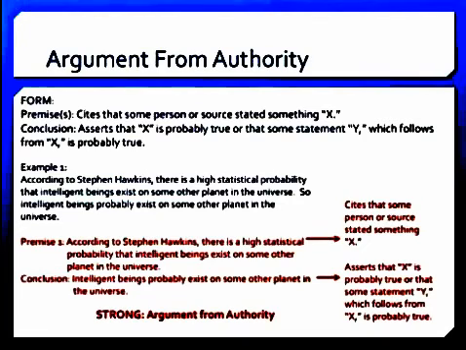Now, some of you might disagree with the strength of this argument. You might say that, well, although there is some reason to think that what Stephen Hawking said is true, it's not strong, it's more so moderate. And this is actually a fine conclusion for you to draw, because for inductive arguments, it's actually the case that you have various degrees of support ranging from strong to weak and even 0 degrees of support.